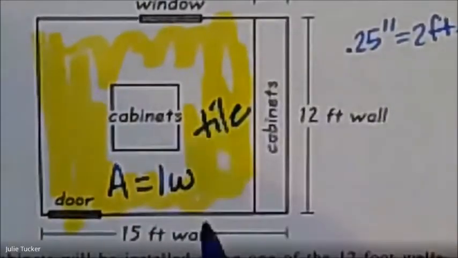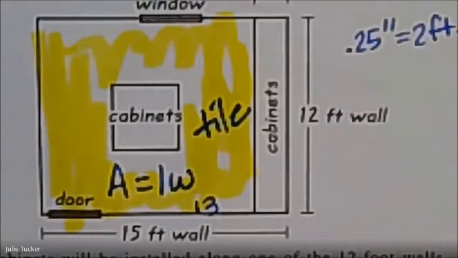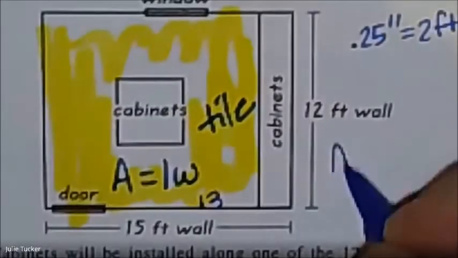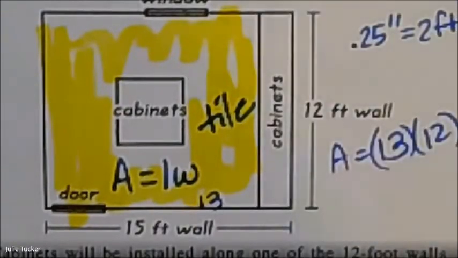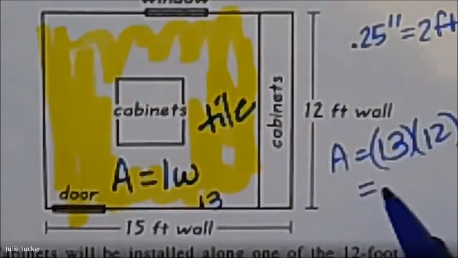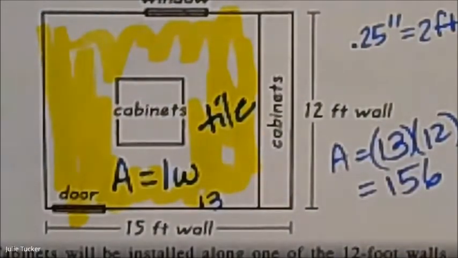So that's 13. So for our length times width, we're going to do 13 times 12. So 13 times 12 is 156. Can you put the A?